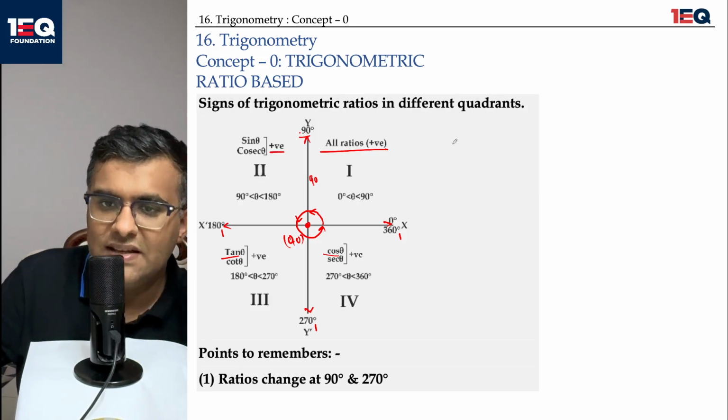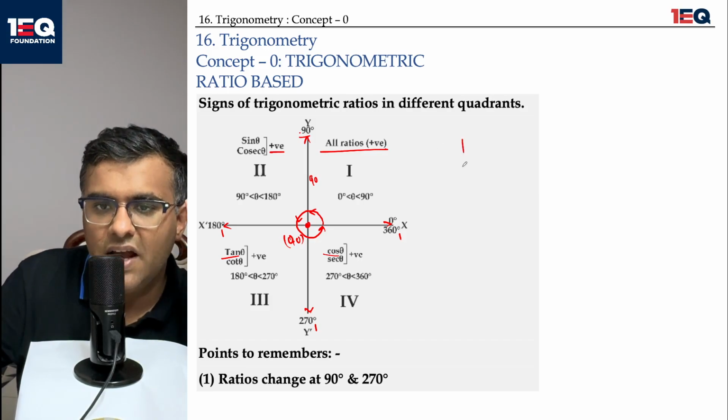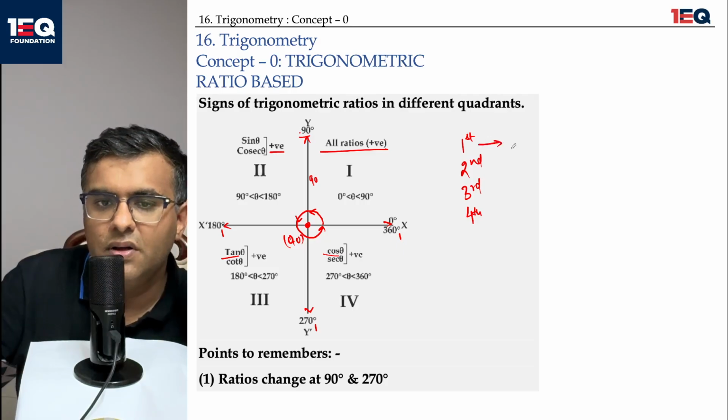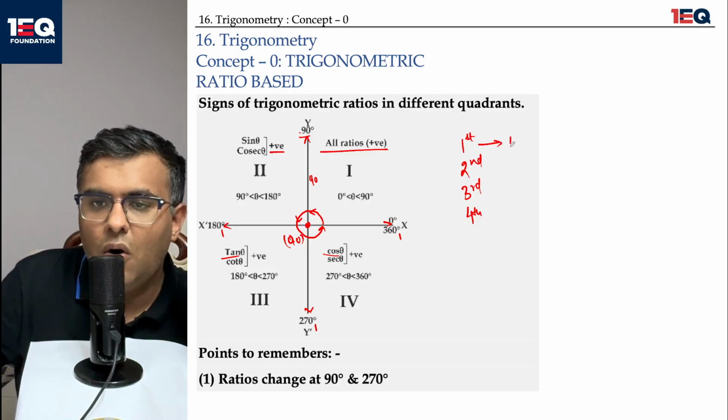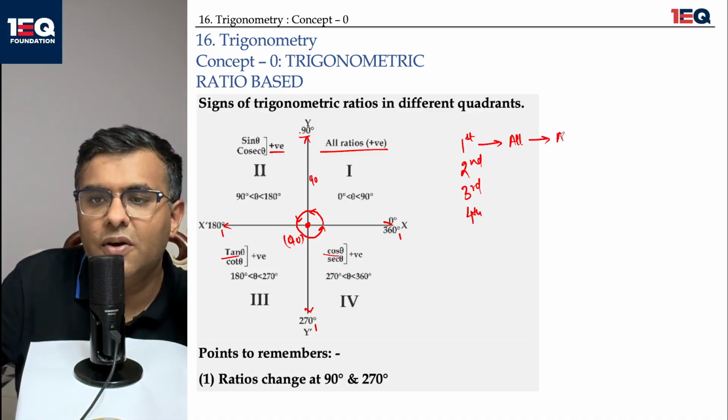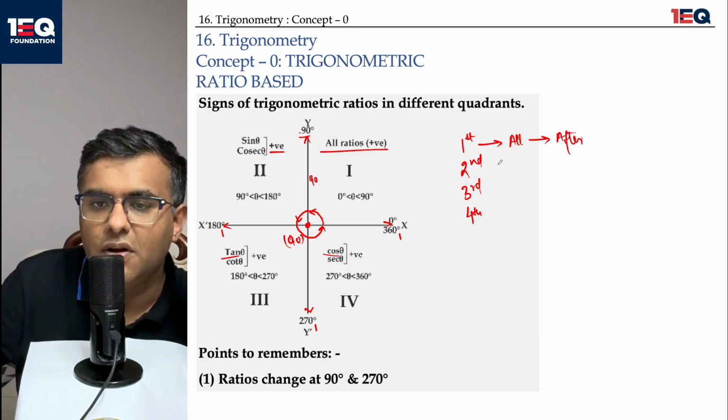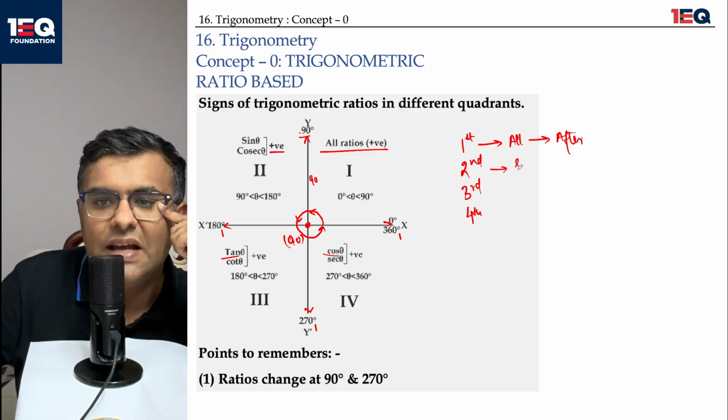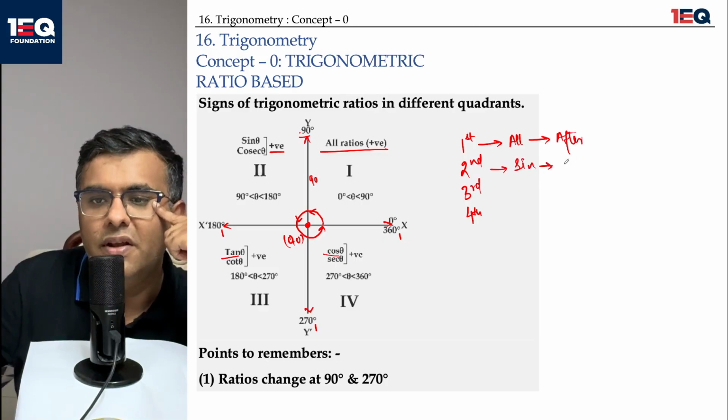So when I say I have to remember this, I have the first, the second, the third, and the fourth. In the first quadrant, all are positive, so I would give it the mnemonic "after." In the second, only sine is positive, and I would give it the mnemonic "school."